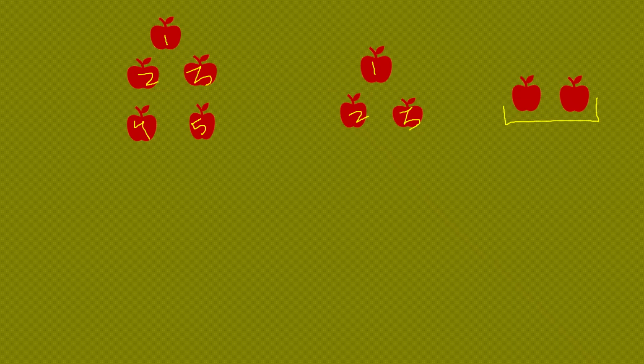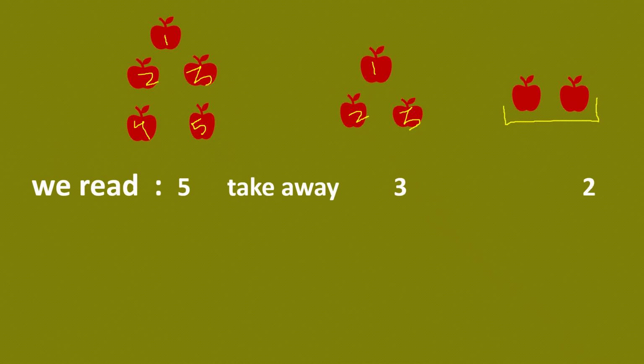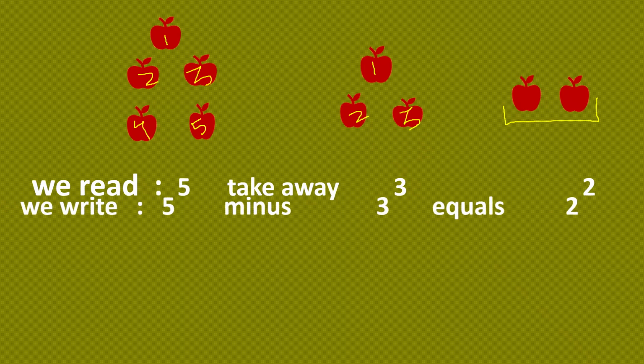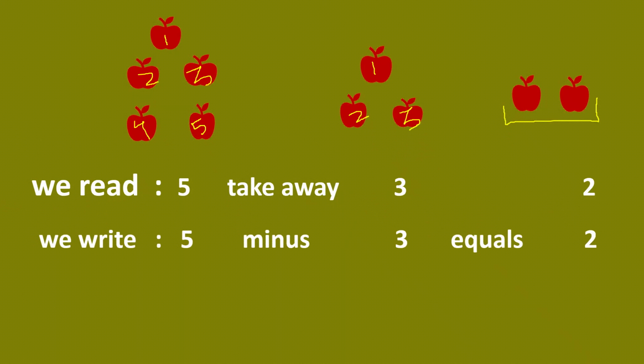Clear? Okay, move on. How do we read it? We read it as 5 take away 3, so the leftover is 2. We write 5 minus 3 equals 2.